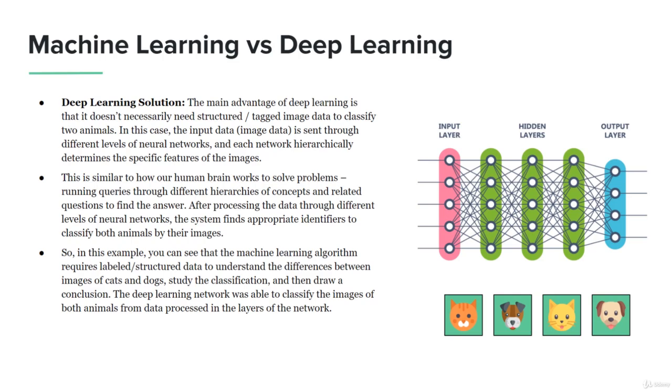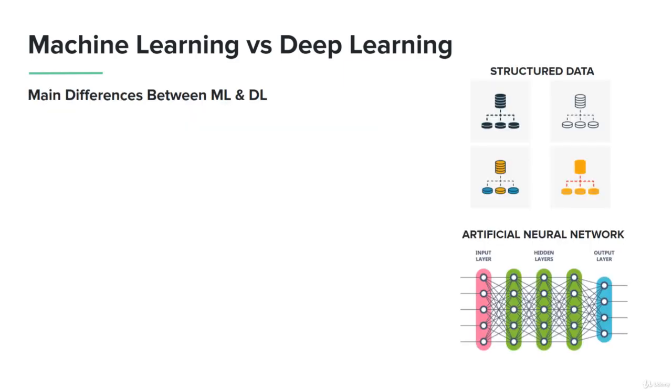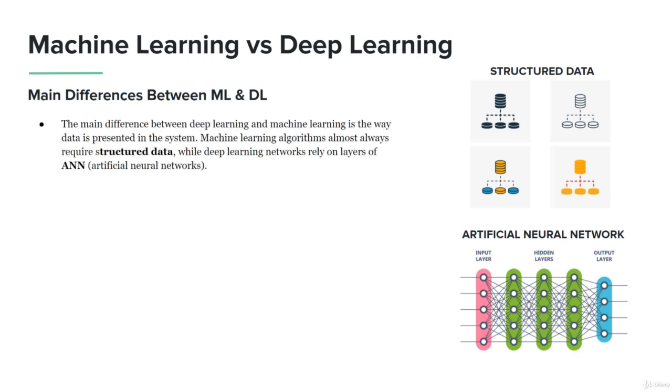So extremely powerful there. Okay, now let's take a look at the main differences between deep learning and machine learning. The main difference is the way the data is presented in the system. Machine learning algorithms almost always require structured data, while deep learning networks rely on layers of the artificial neural network. So we have layers with deep learning, and structured data with machine learning.